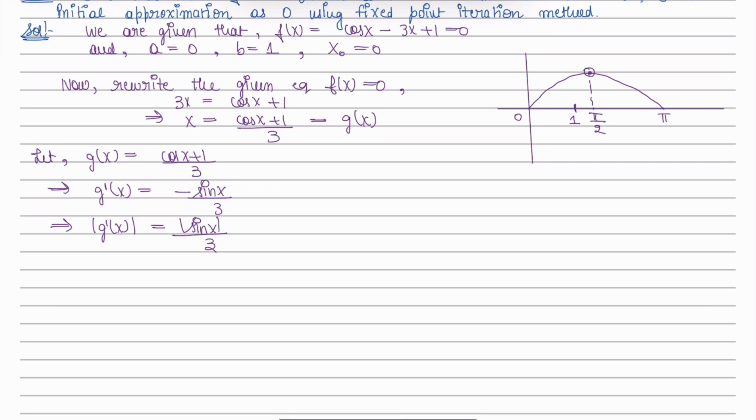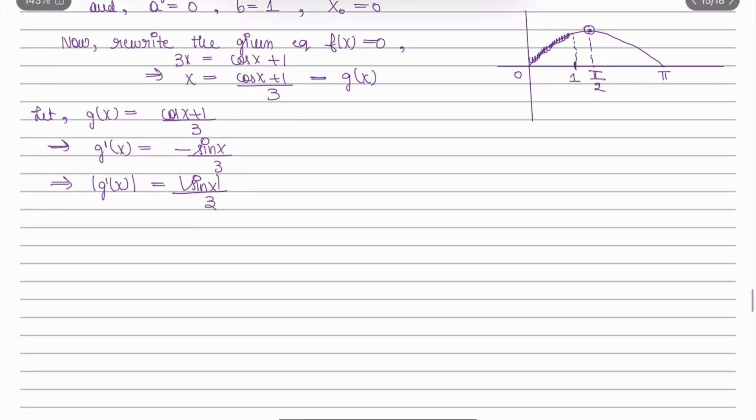So the value of x equals to 1 will be before pi by 2, and at that point, starting from 0 to 1, the value of sin of x is strictly less than 1. So we can say that g dash x is strictly less than 1 by 3, which is again less than 1. Therefore, this choice of g of x will work for this iteration method.